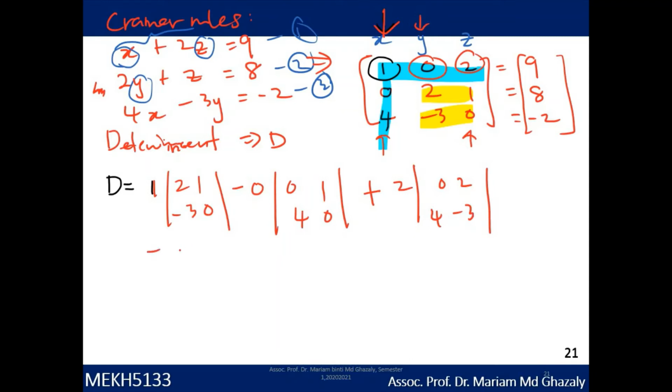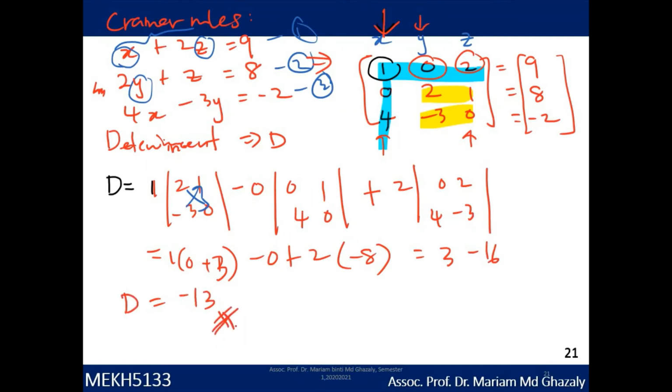If you expand it, you get 1 times (2 times 0 minus 1 times minus 3), so plus 3, minus 0, plus 2 times (0 times minus 3 minus 4 times 2), so minus 8. You will get 3 minus 16, so minus 13. So D equals minus 13.